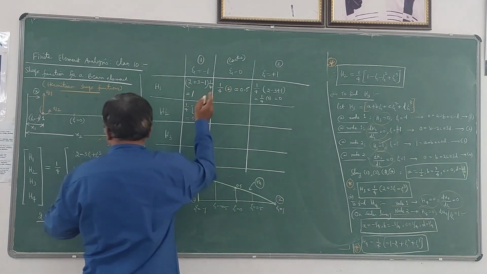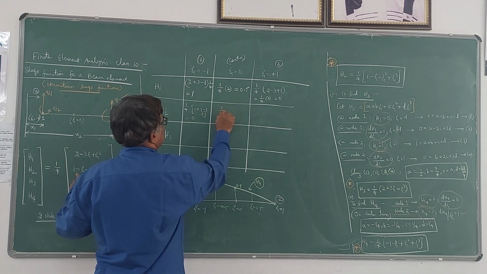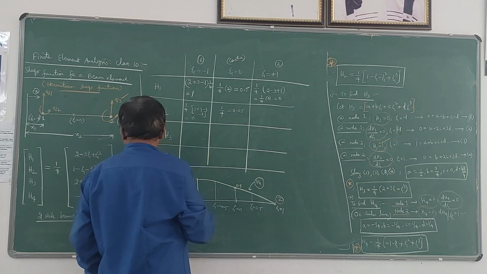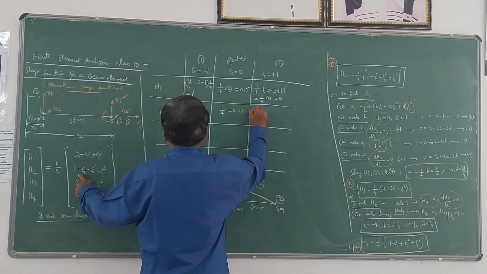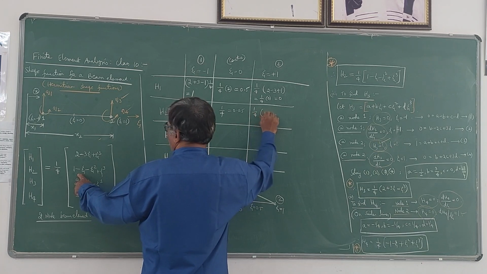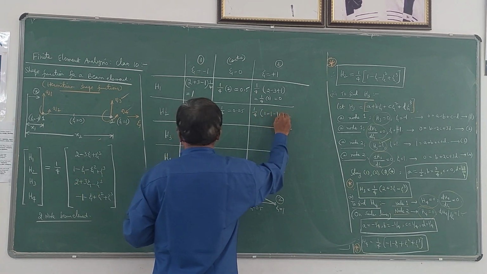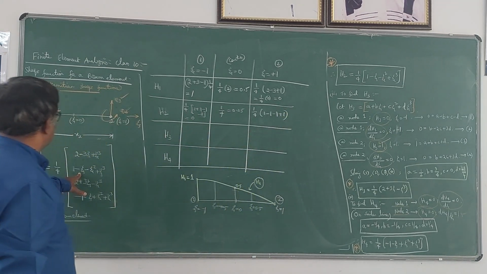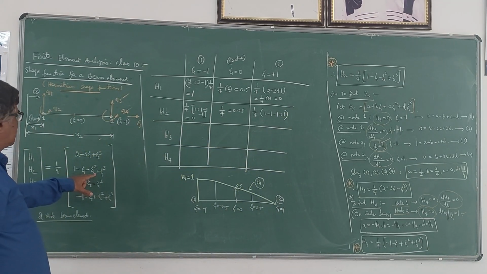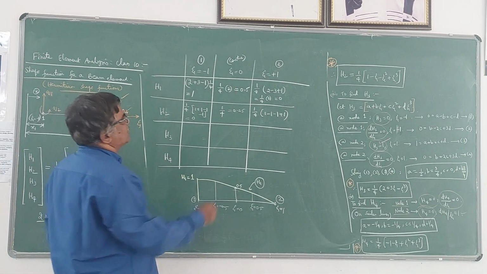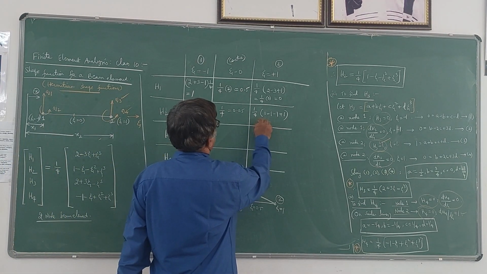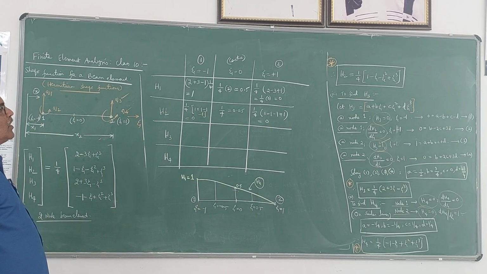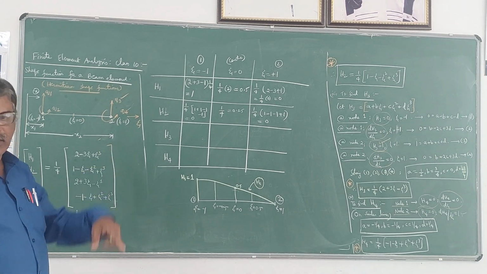And when zeta is 0, it is 1 by 4, that is 0.25. Then when zeta is plus 1, it is 1 by 4 into 1 minus 1 minus 1 plus 1. 1 minus 1, then minus 1 plus 1. That means the value of h2 is 0 at the second node.